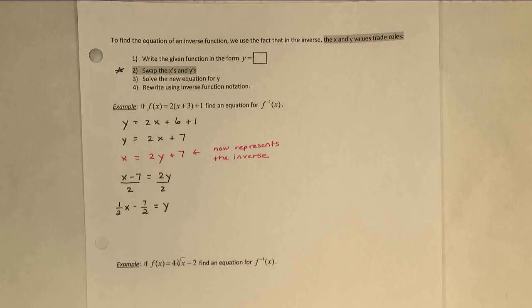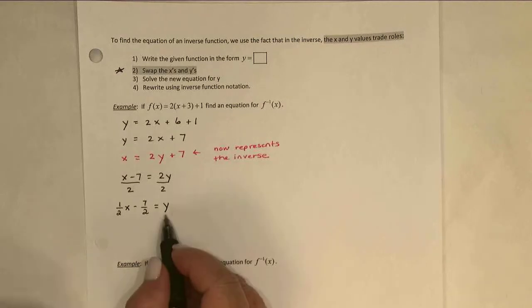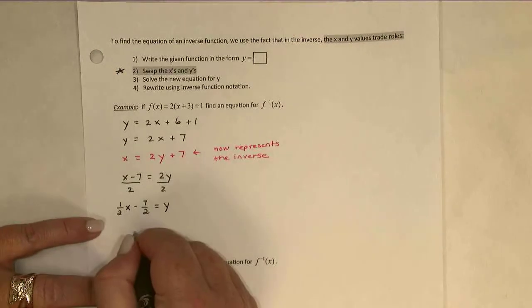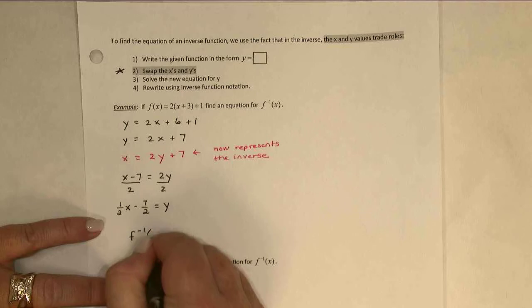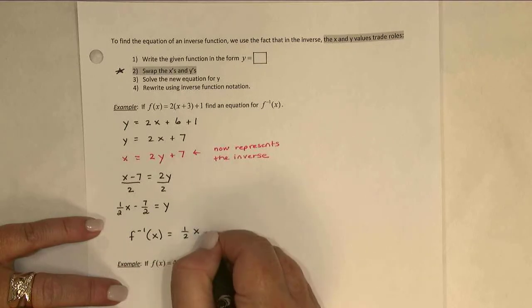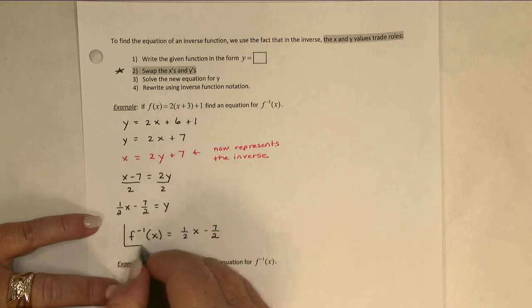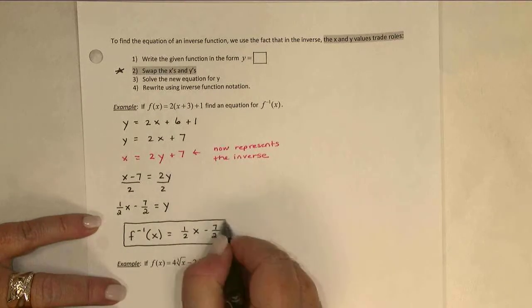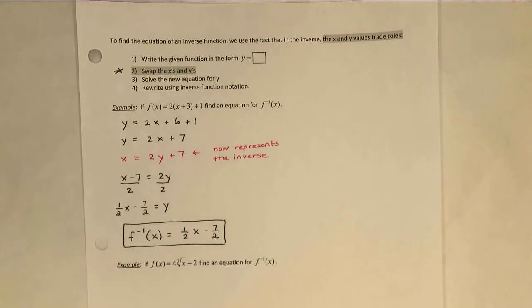Because that's now the inverse function, instead of writing it as y equals, I could write f inverse of x equals 1/2 x minus 7/2. And there's my inverse function.